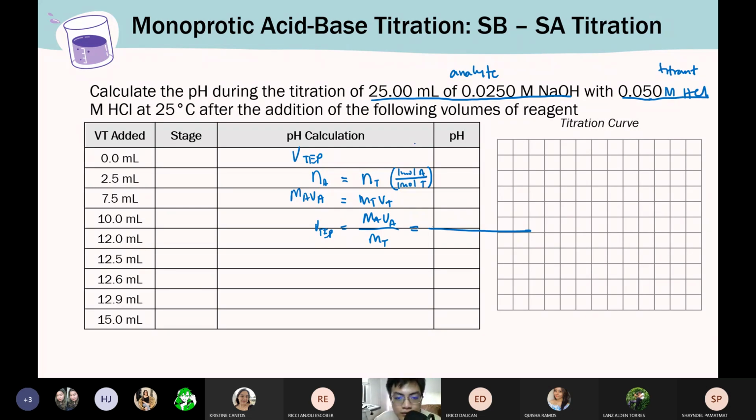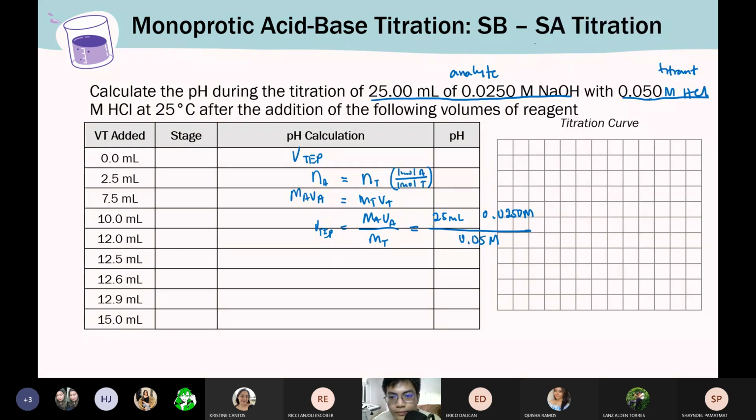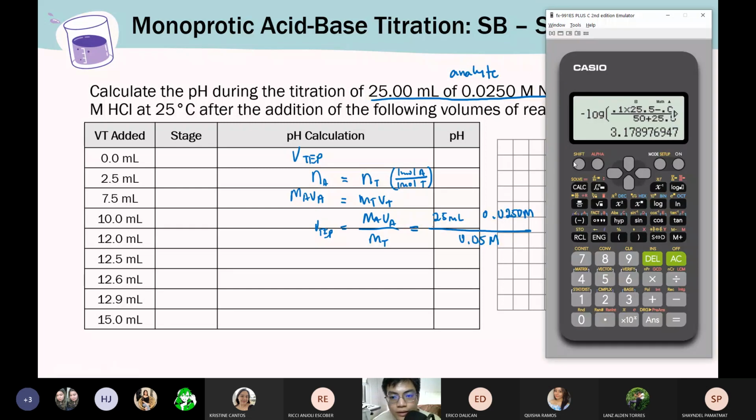Okay, so 25 ml, 25 ml, 0.0250 molar, 0.05 molar. Ano sagot dito? So it's 25 times 0.025 divided by 0.05.